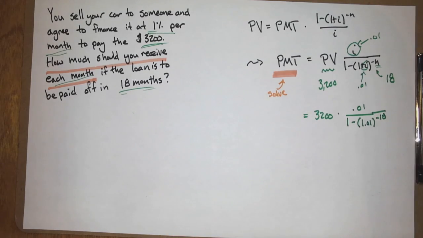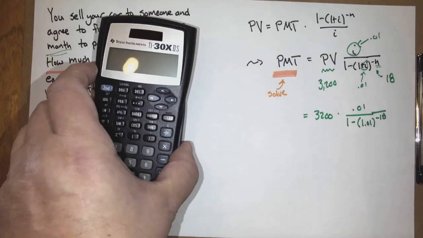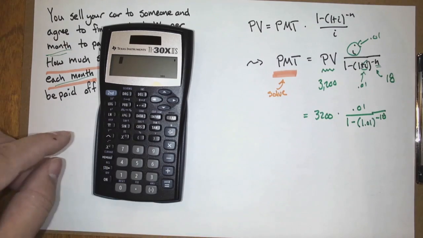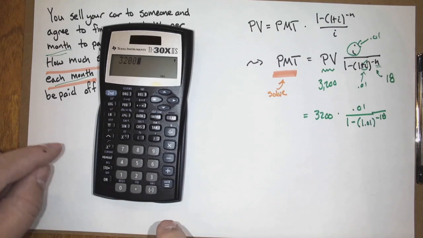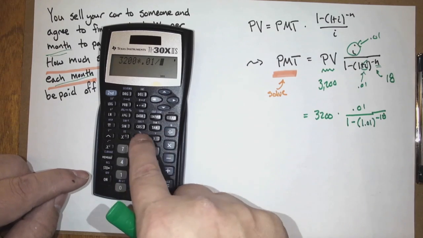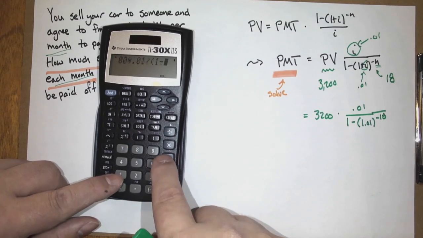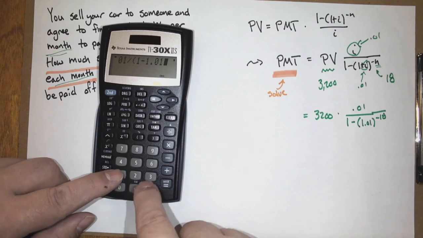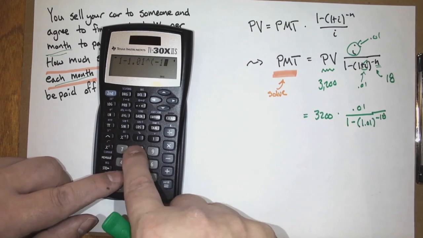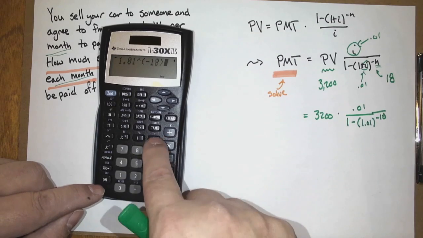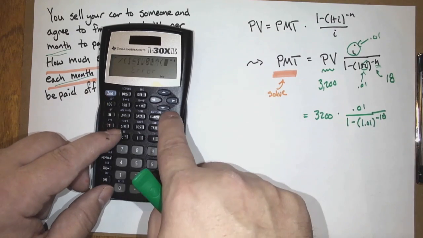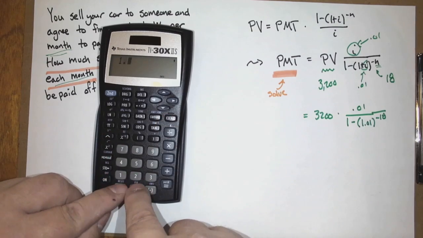All right, okay, I really hope I can do this one. Okay, come on, calculator, don't embarrass me many times in a row. 3,200 times 0.01 divide by parenthesis 1 subtract 1.01 to the power minus 18 equals, all right, it must not like, okay, 1.01.